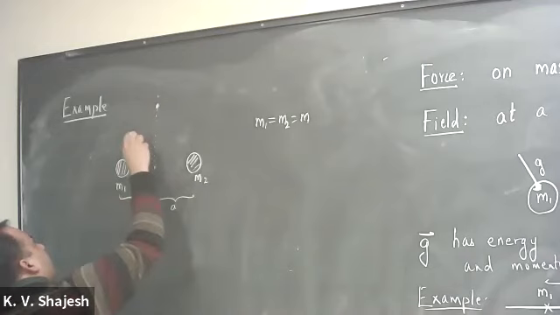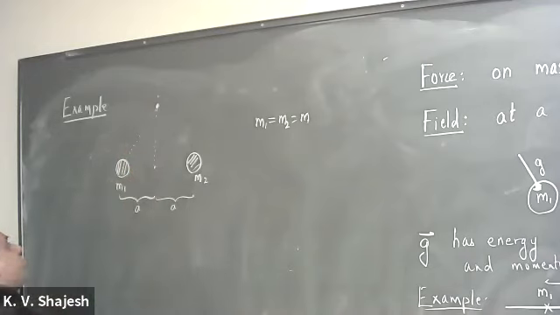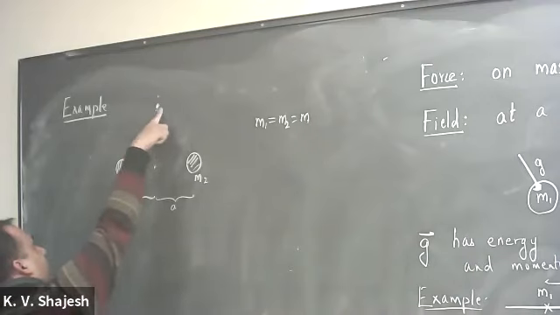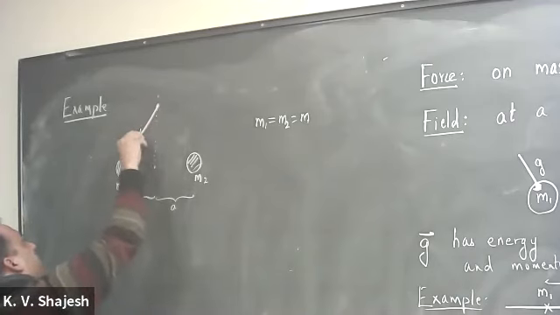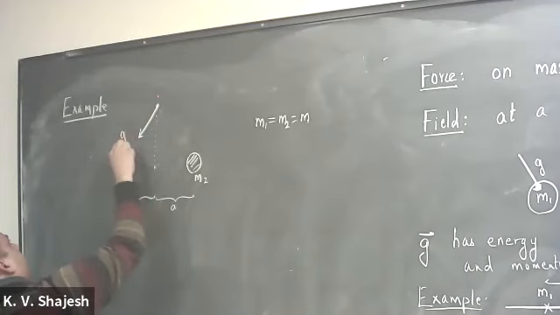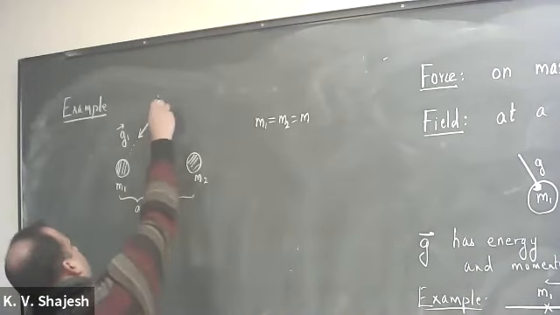And what is that? Draw a straight line from that point to the center of mass M1. And if this was a positive mass, it will get attracted, and masses are always positive. So that's your G1. But there is a contribution from M2 also.